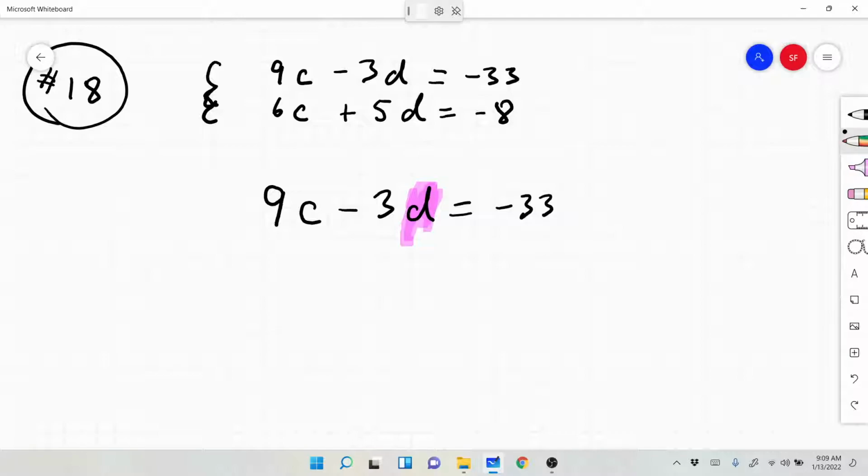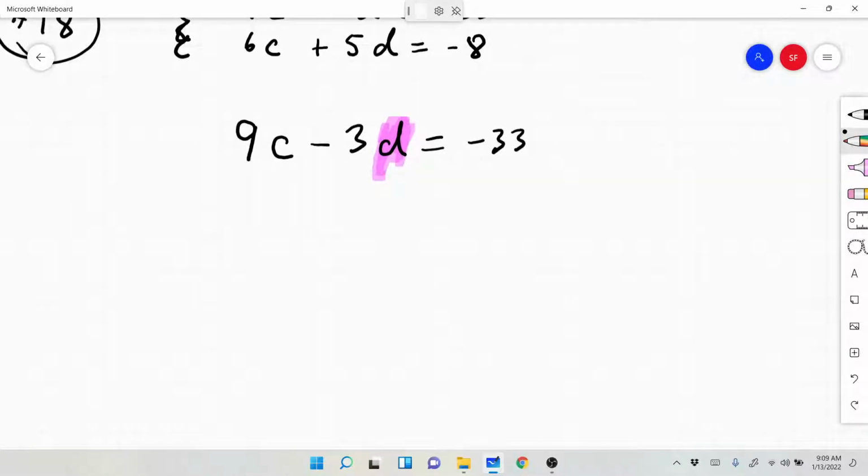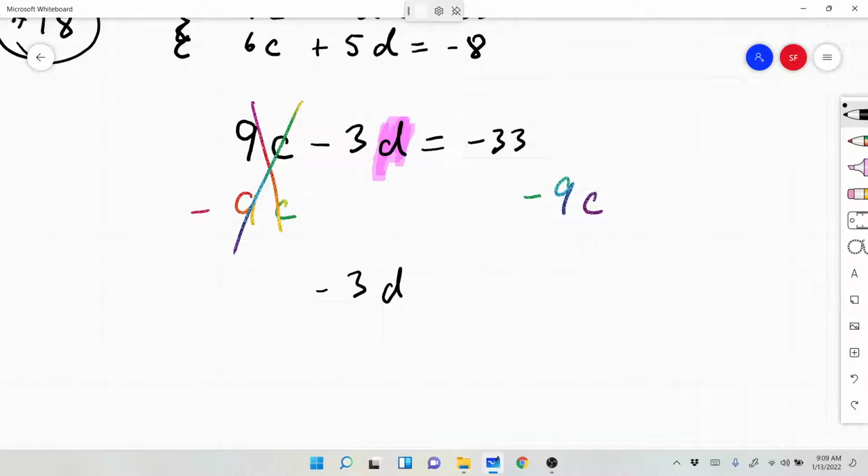Add negative C with 9C both sides. You're both right, even though you said two different things. They happen to mean the same thing. So negative 3D equals negative 33 minus 9C, right? Sounds good.